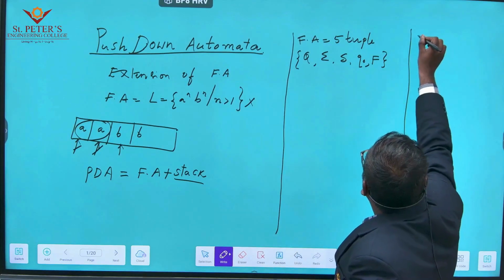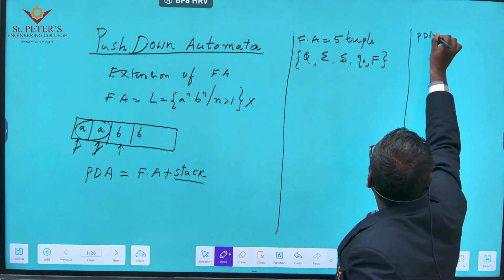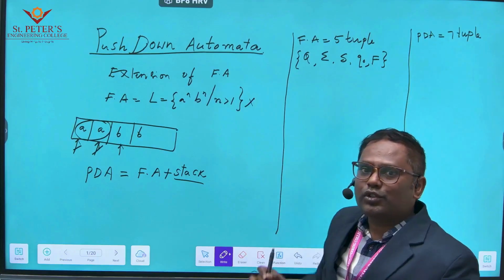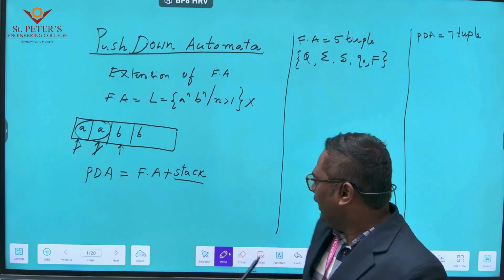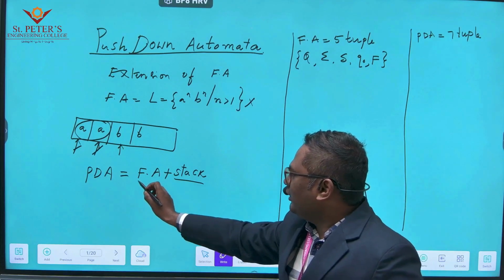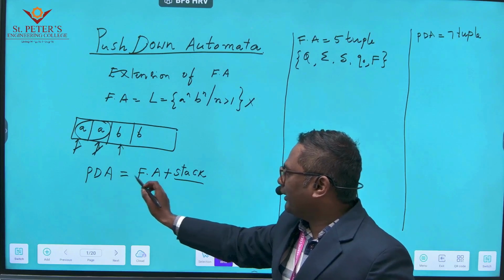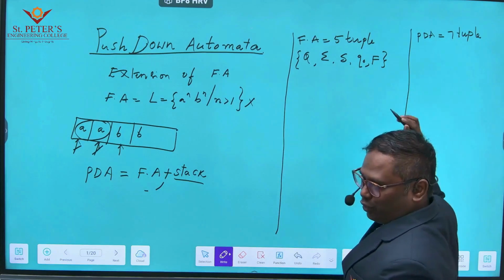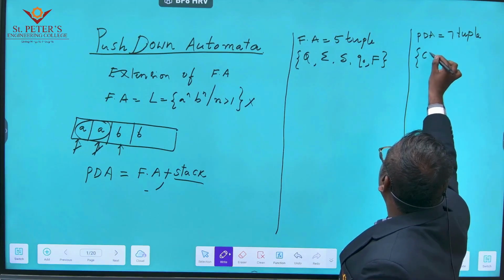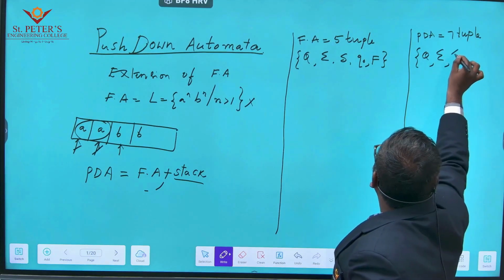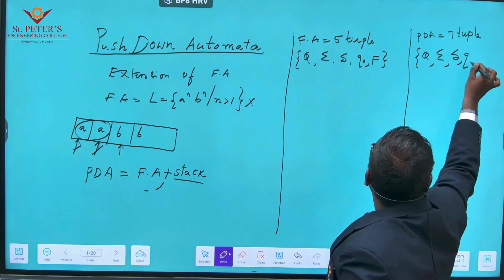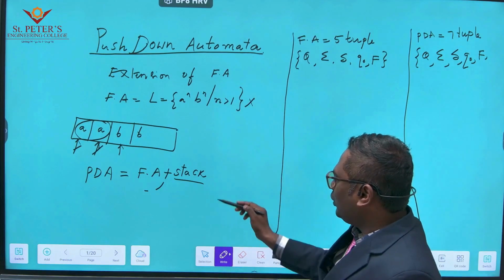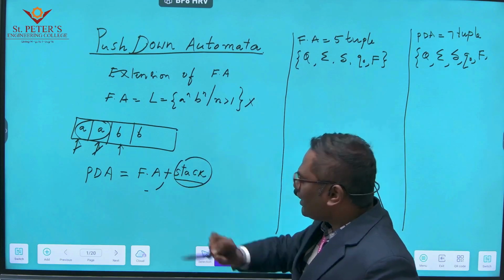Now let me consider a push down automata. A push down automata is an extension of finite automata, and it has 7 tuples. Whatever 5 tuples are there in the finite automata, the same will be there in the push down automata also, which are capital Q, sigma, the transition function, Q naught and capital F. Along with that, there are 2 extra tuples, the stack tuples.